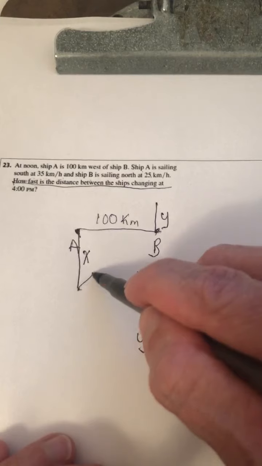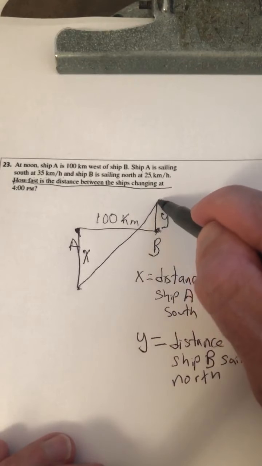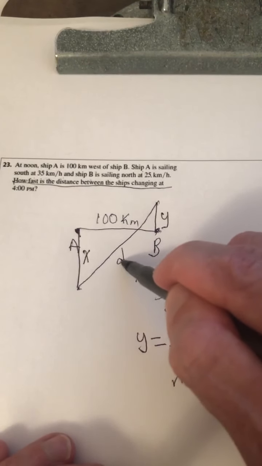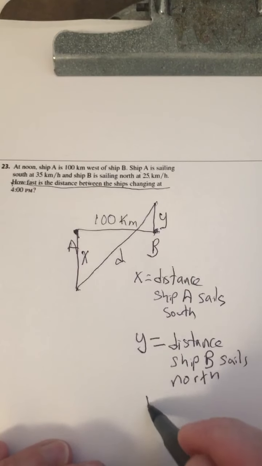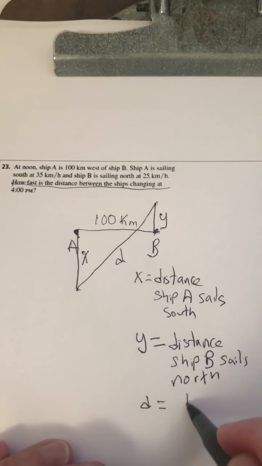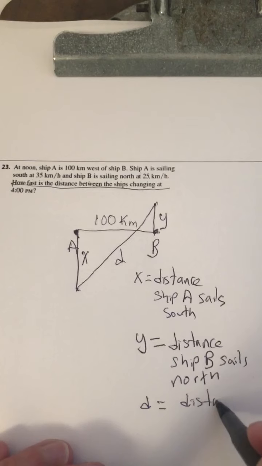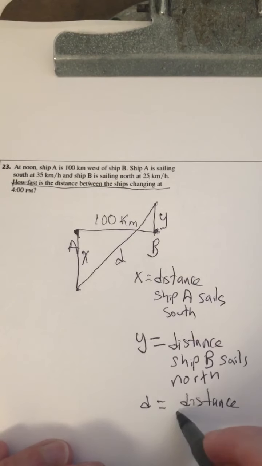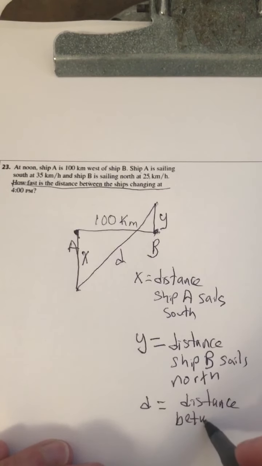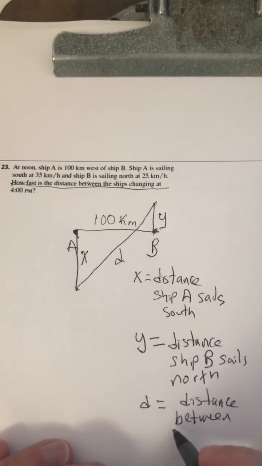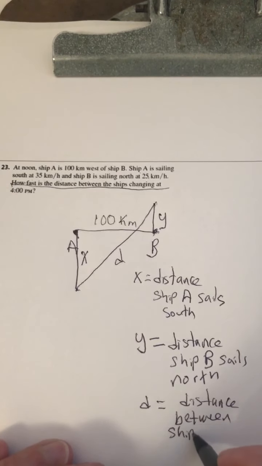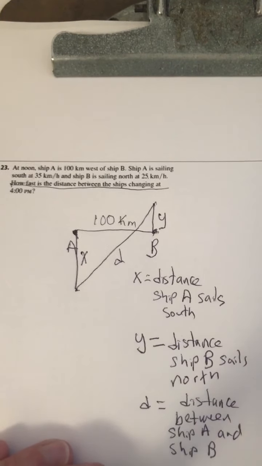And at any given instant, we could find the distance between them, can't we? D, of course, is the distance between ship A and ship B. So notice what I'm doing.